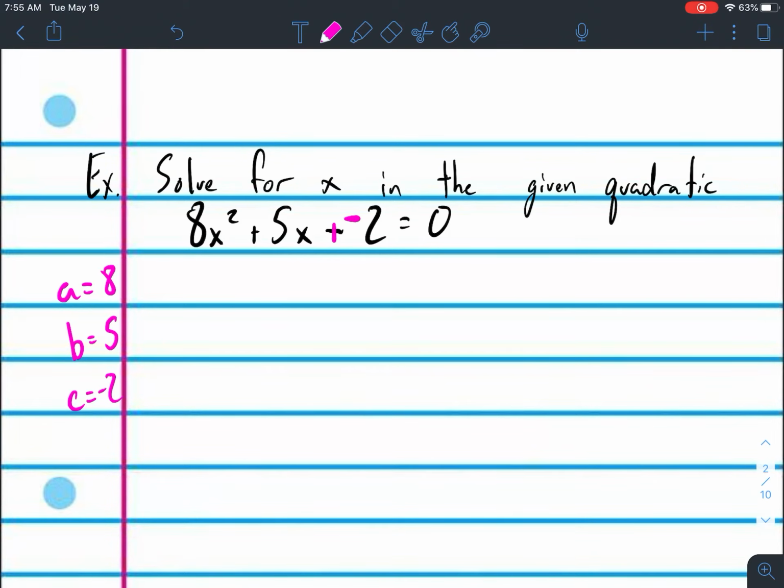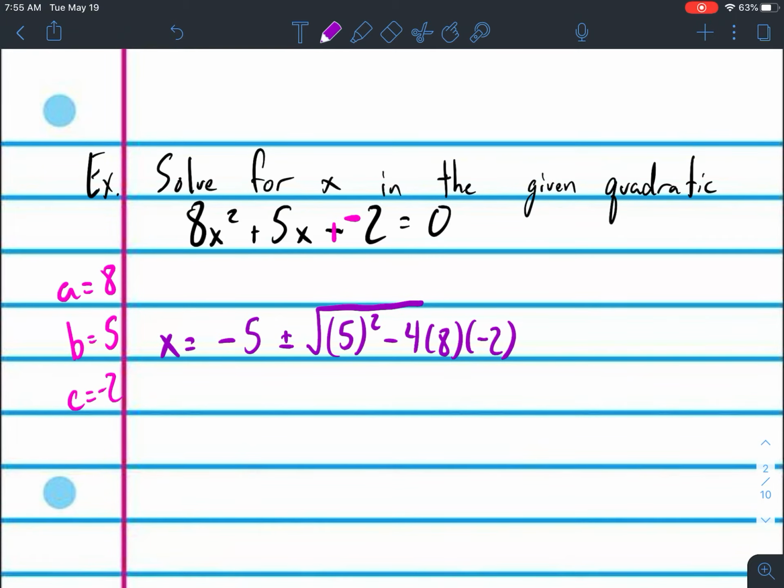Okay, so let's set it up. Let's use purple. So this would be x is equal to negative 5 plus or minus the square root of 5 squared minus 4, 8, and then negative 2. Okay, all that's underneath the root, all over 2 times 8. Okay, cool. So that's set up.